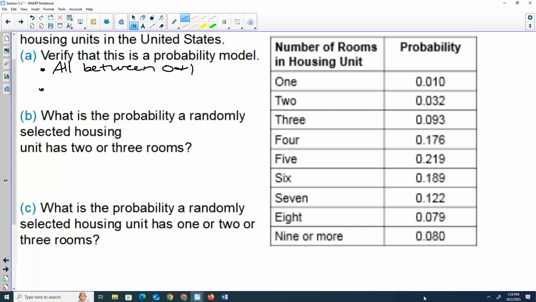Alright, add them up, make sure. Does it add up to 1? So it is in fact a probability model.